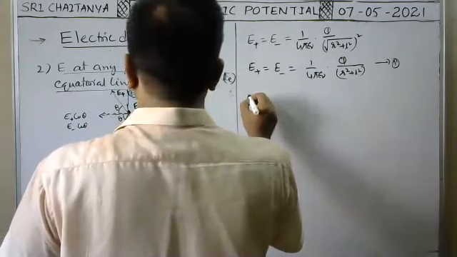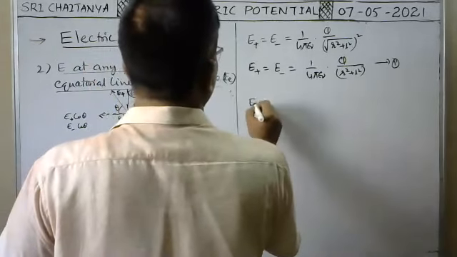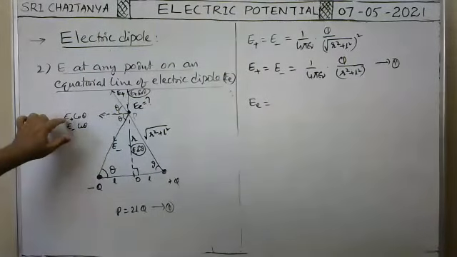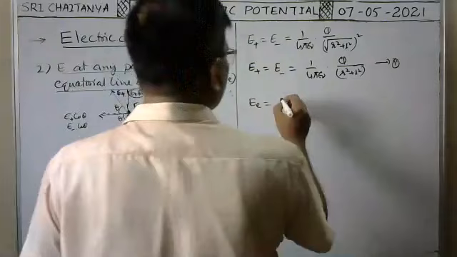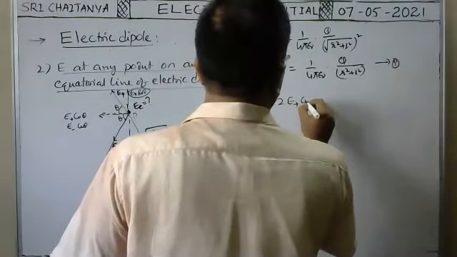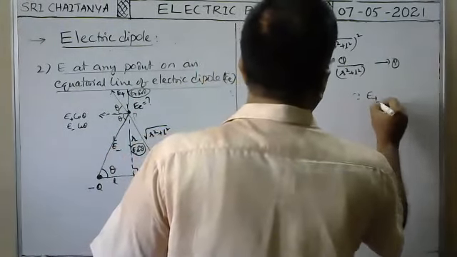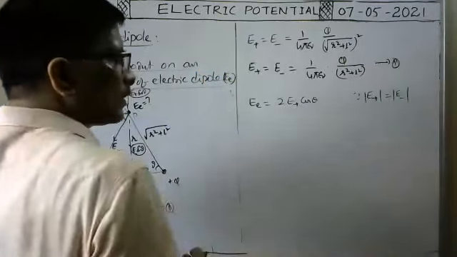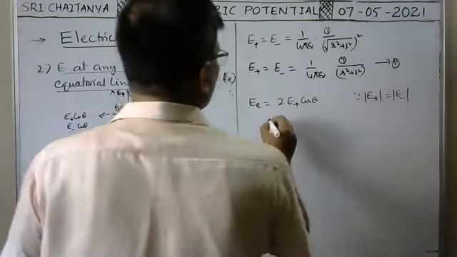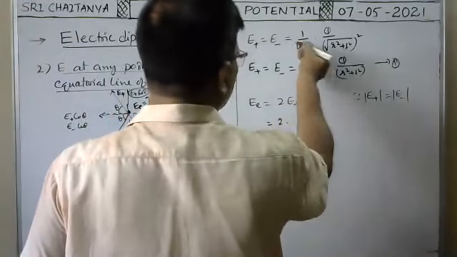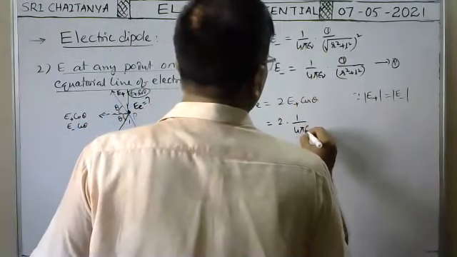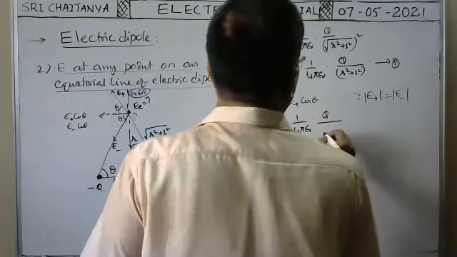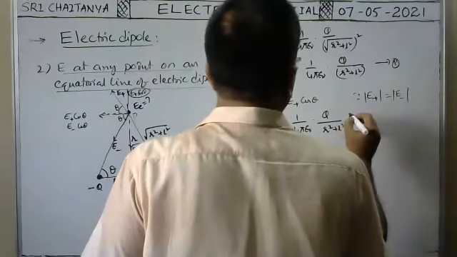Therefore, the net intensity of the electric field at the point P is E equal to E plus cos theta plus E minus cos theta. As E plus and E minus are equal in magnitude, we can write 2 E plus cos theta, which is 2 into 1 by 4 pi epsilon naught, q by (r square plus l square), into cos theta.